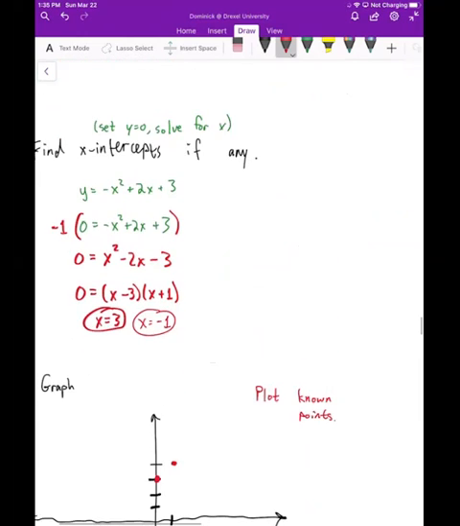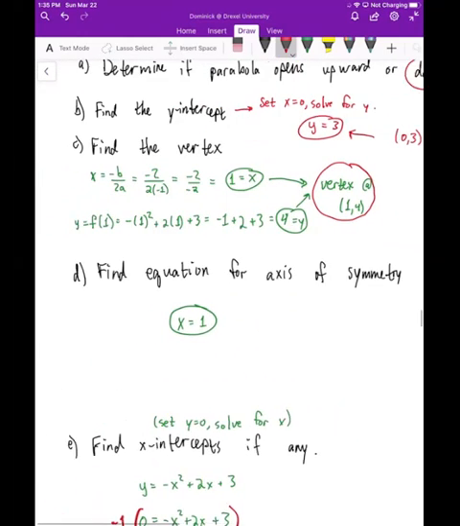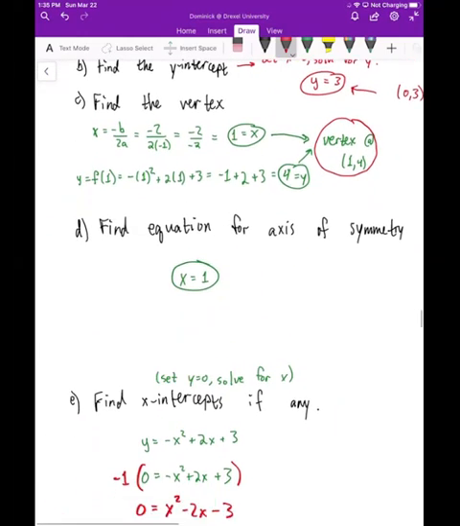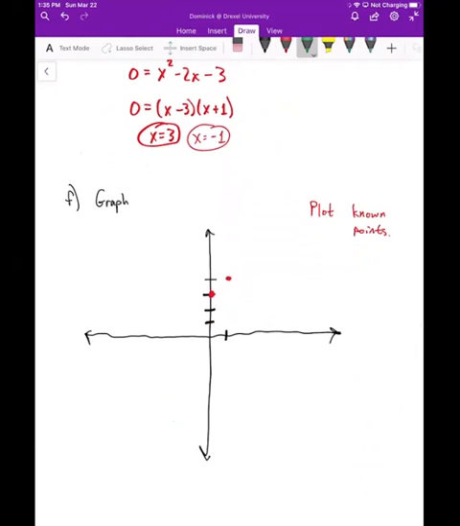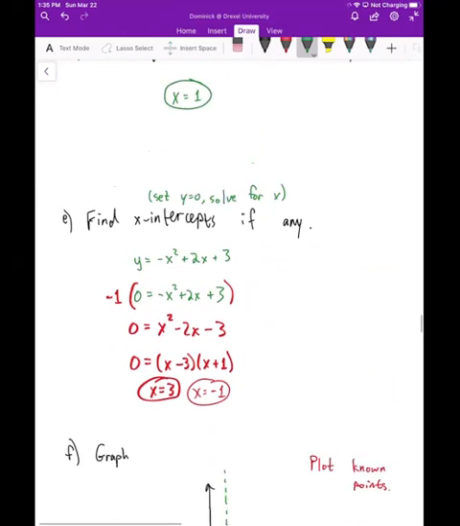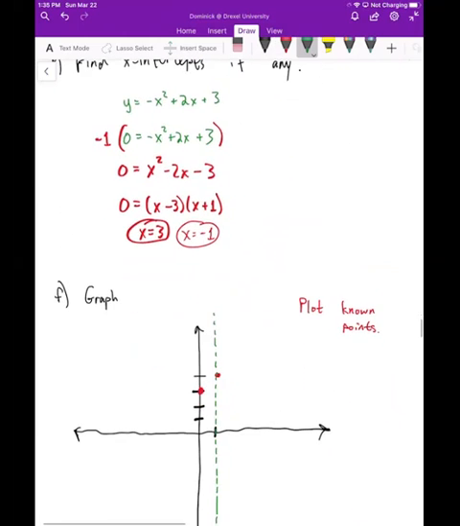Okay, what else do we know? After we found the vertex, we found the axis of symmetry. So we have a line along x equals 1, and it better look the same on both sides of that line. Okay? What else do we know? We know the x-intercepts are 3 and -1.